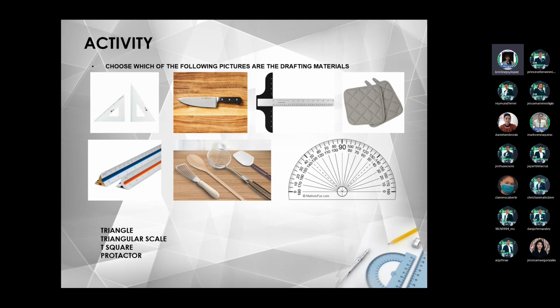Compass, the protractor beside it, on the last photo, ma'am. Give me another. Raymond? T-square, ma'am.